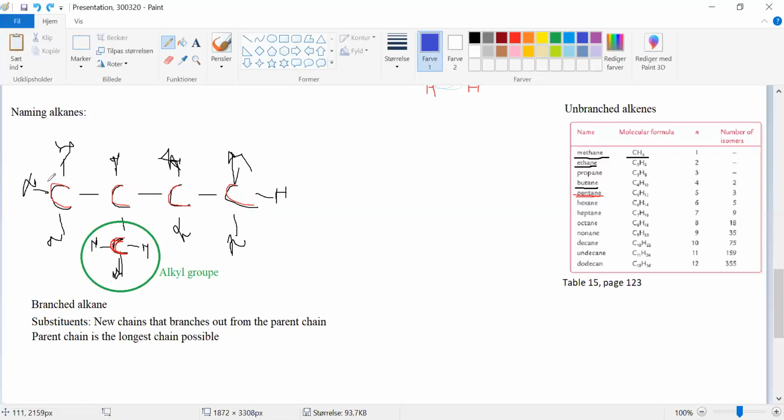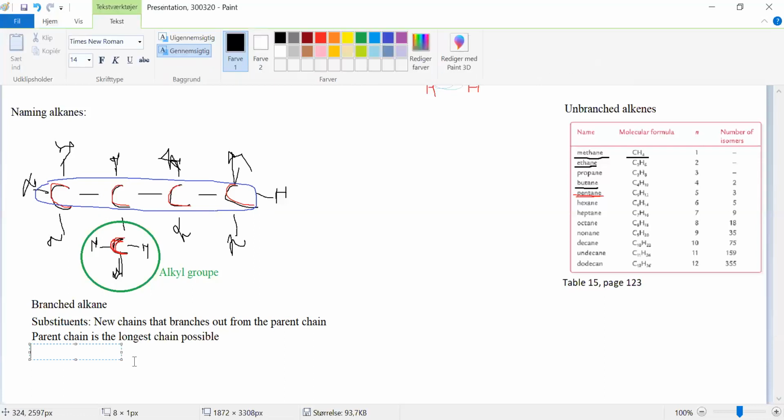And I think it's easiest to take the parent chain that is horizontal, because then we can stick to this one being the alkyl group. So the parent chain in this molecule here is 4 carbons.